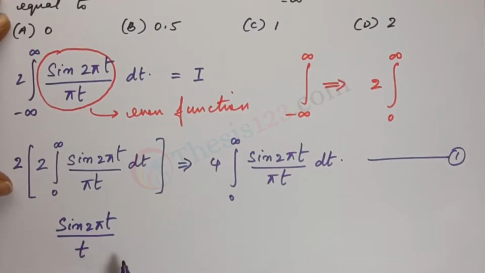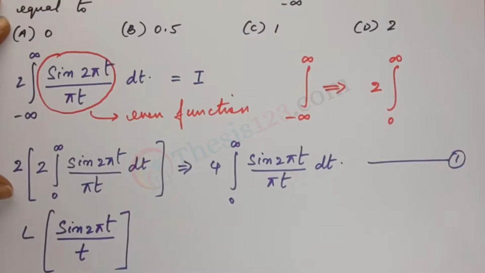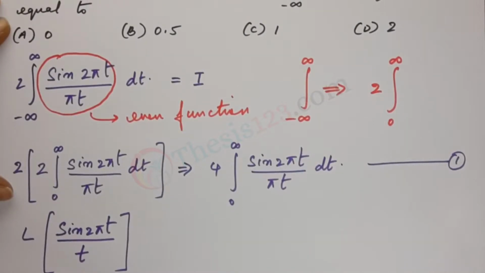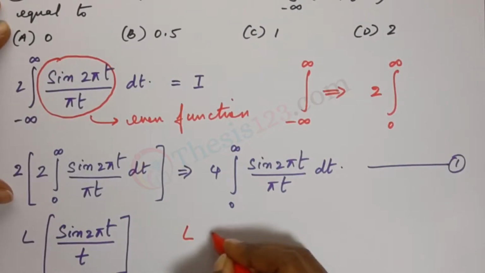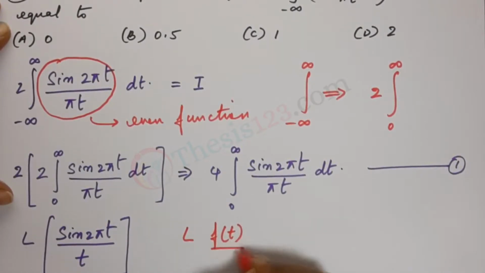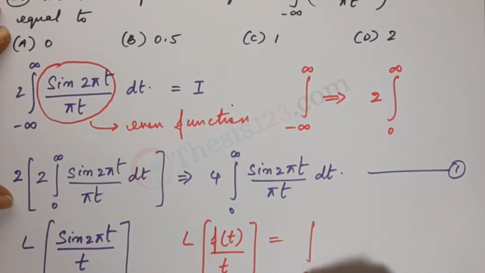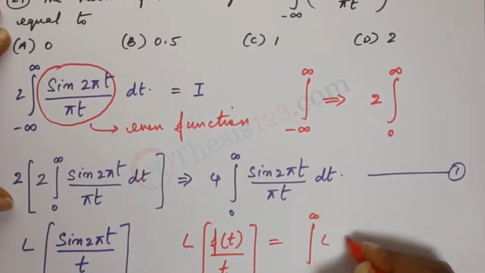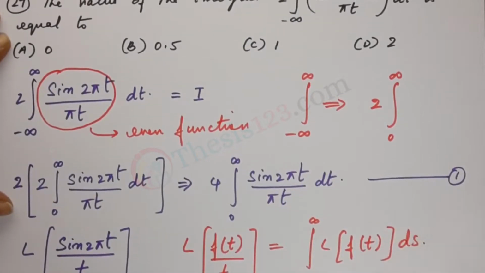So we are going to find the Laplace of this. Now recall the formula: Laplace of f of t by t is equal to the integral from s to infinity of Laplace of f of t ds.